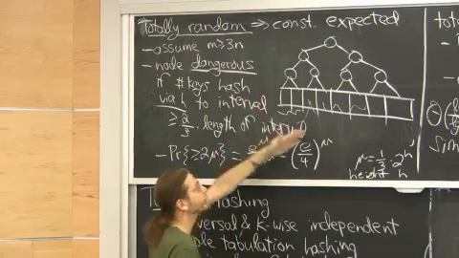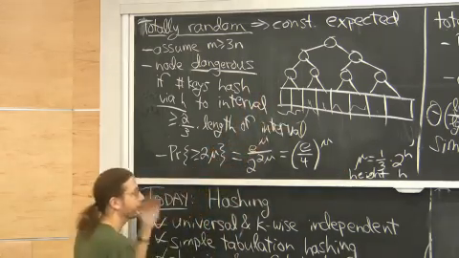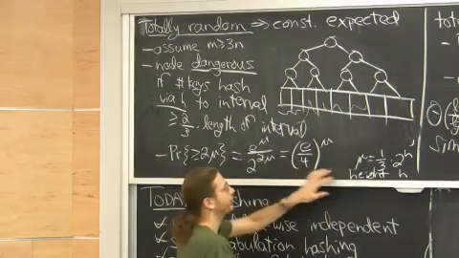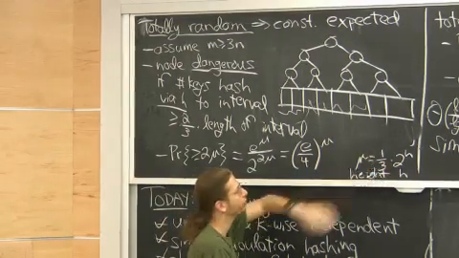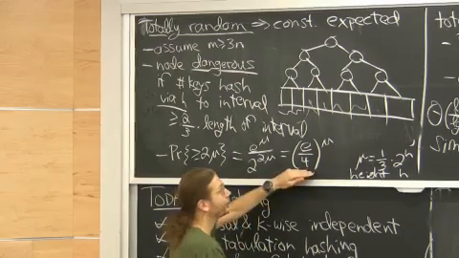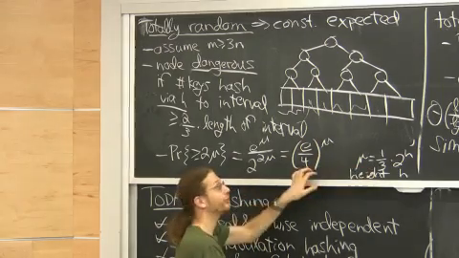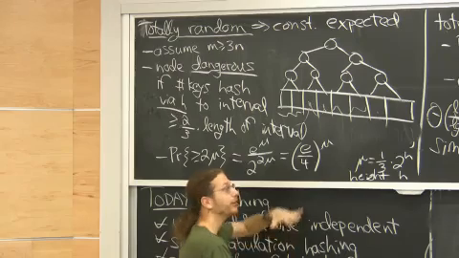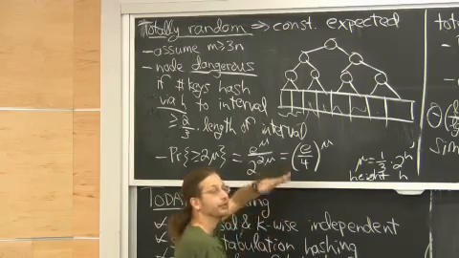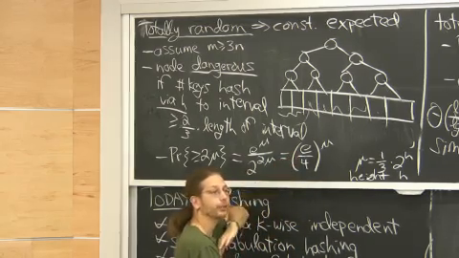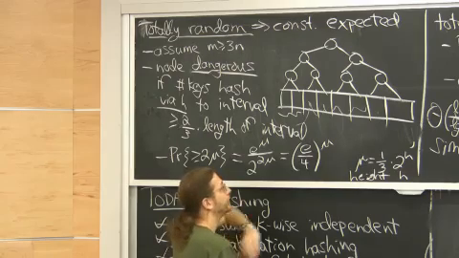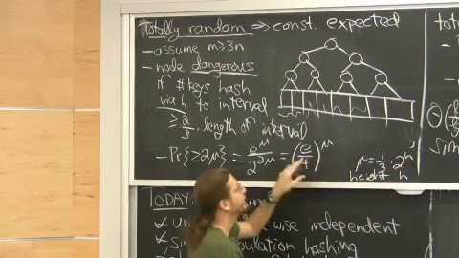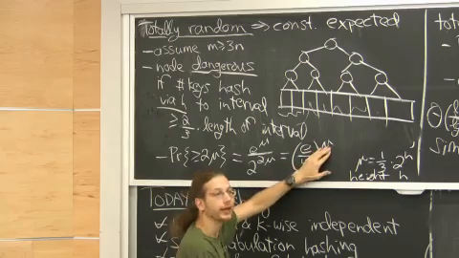As you go up, you expect more elements to hash there, of course. Okay, so this gives us some measure in terms of this h of what's going on. But it's actually doubly exponential in h. So this is a very small probability. You go up a few levels. Like after log n levels, it's a polynomially small probability of happening. Because then 2 to the log n is n, and then (e over 4) to the log n is about 1 over n.